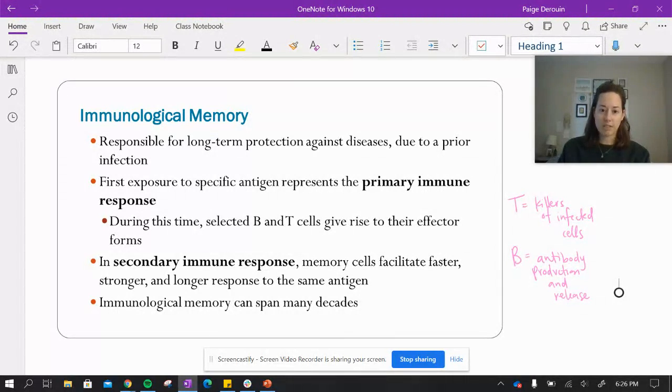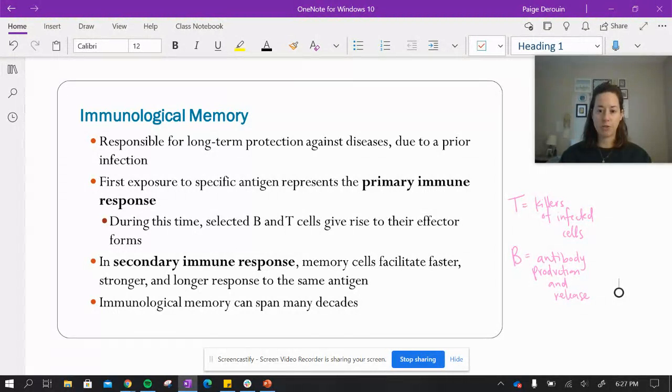So what happens is when you are infected by something, you have what's called a primary immune response, which means it's the first time you've seen that pathogen. And so it's going to take a little bit longer for the immune system to go through its different stages and eventually end up with effective T and B cells that are fighting off that specific pathogen.